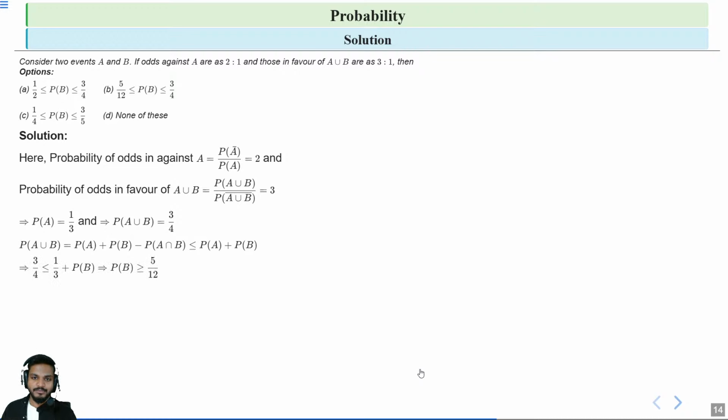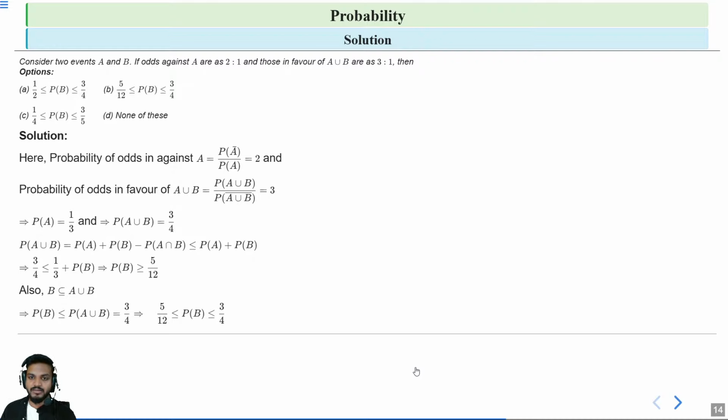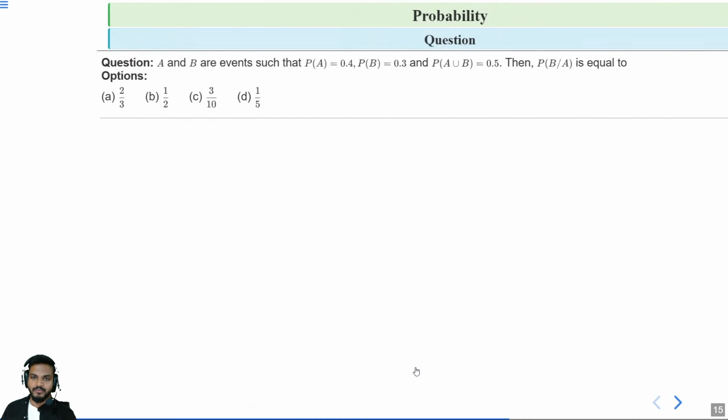So from here we get that P(B) lies between 5/12 and 3/4.